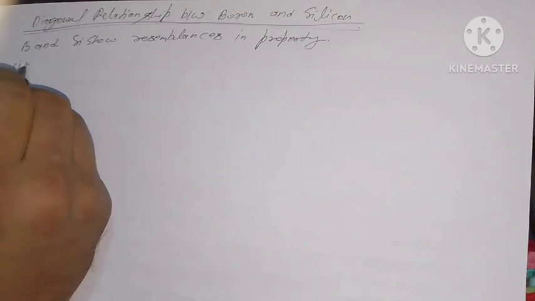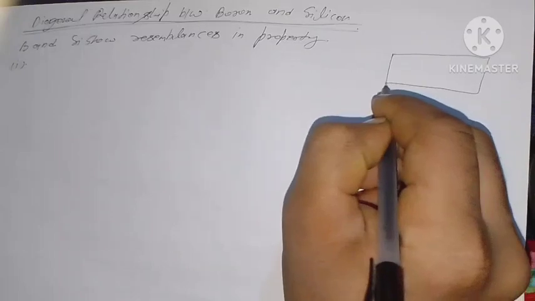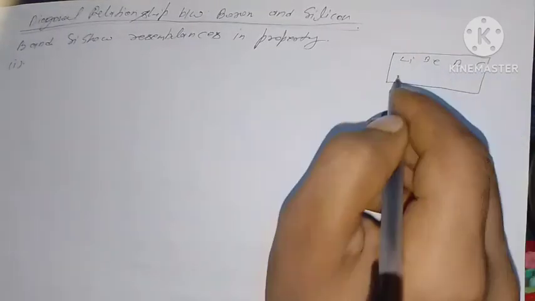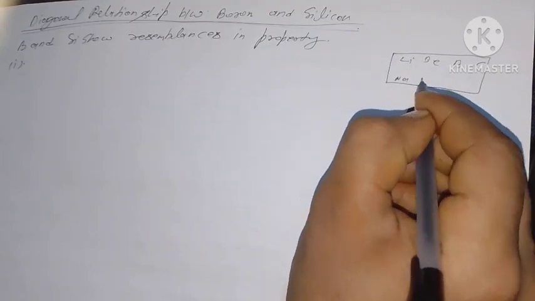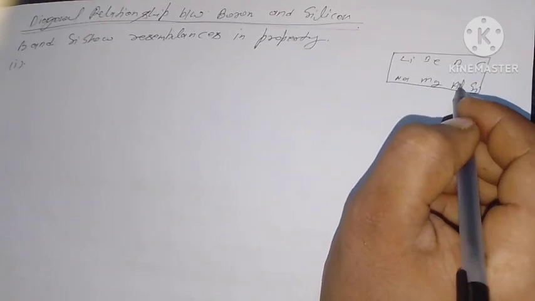First point. Lithium, beryllium, boron, carbon, sodium, magnesium, aluminium, silicon.